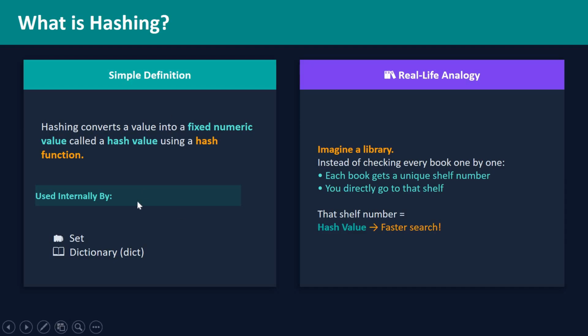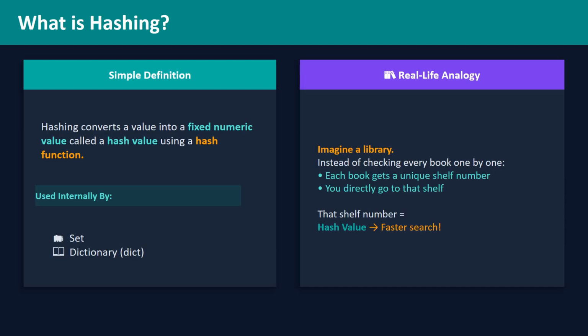Why is it used, what is the purpose? Here is a real-life analogy. Say there is a library with a lot of books stored randomly. Instead of checking every book one by one, each book gets a unique shelf number and you go directly to the shelf. If that is not in place, you have to search each and every book, which takes a lot of time.